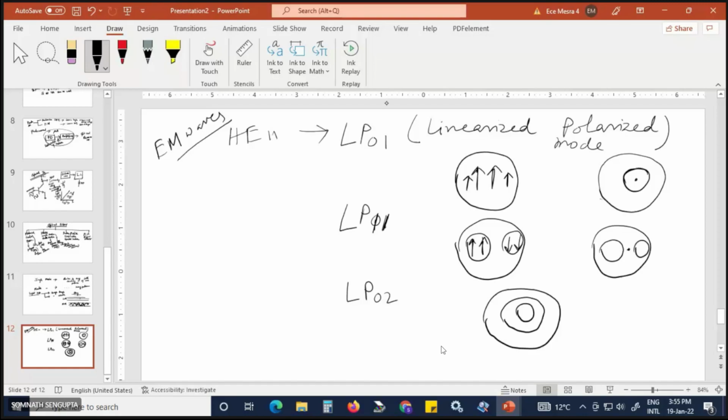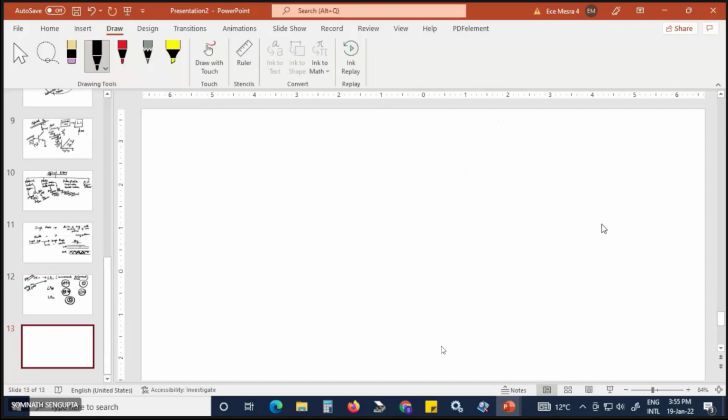So this is single mode fiber. This propagates only in single mode fiber. And now we'll discuss what is the condition of propagation of single mode fiber.